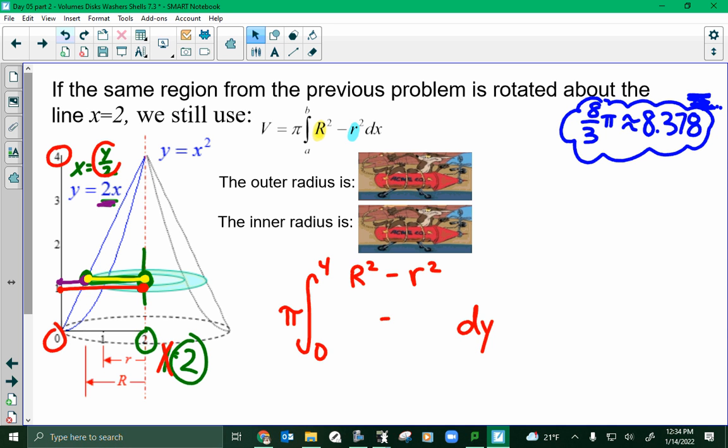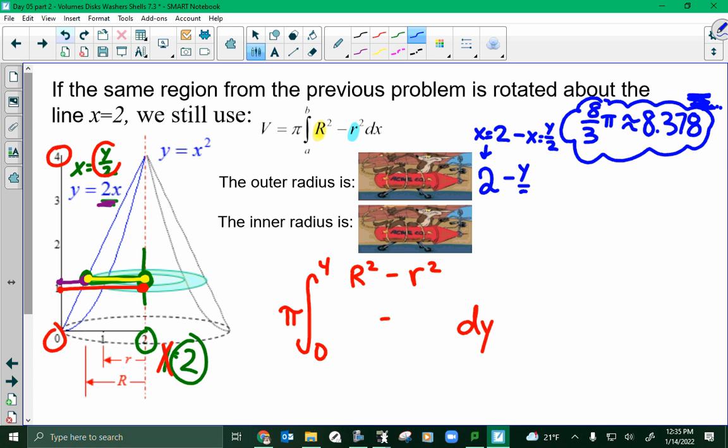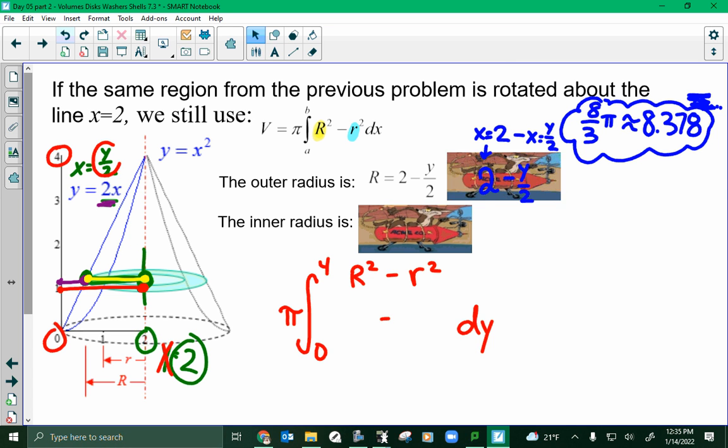So I'm really going to take my 2, x equals 2 is what it's revolving around. I subtract my other x, which happens to be y over 2. So I take 2 minus y over 2. And that's my biggest or outer radius.